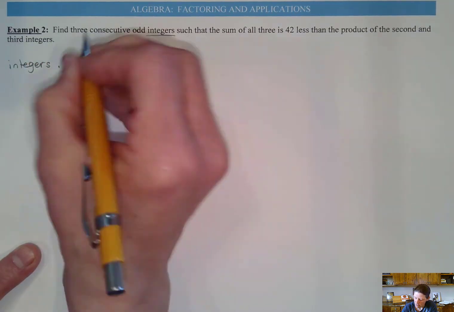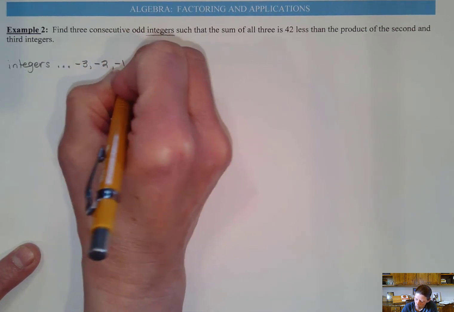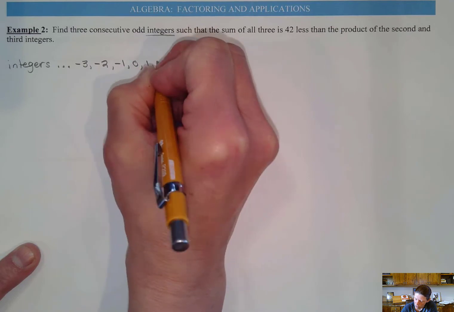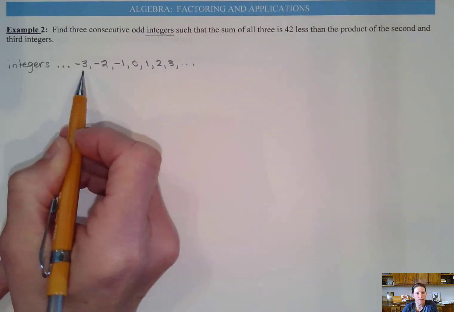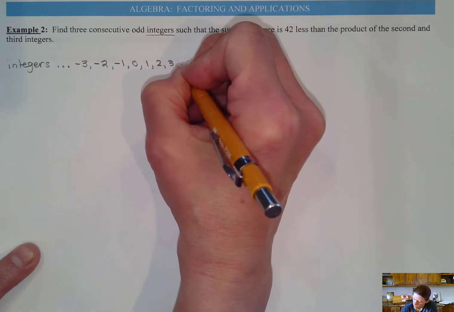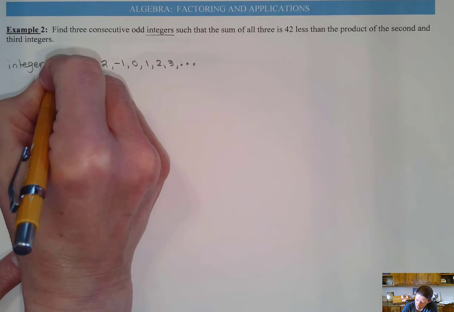So dot, dot, dot, -3, -2, -1, 0, 1, 2, 3, and so on. And the ellipses are used to suggest that we continue in like fashion in either direction here.